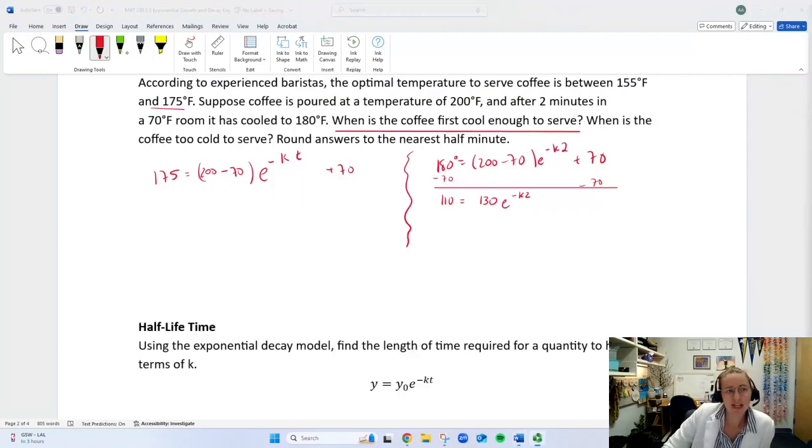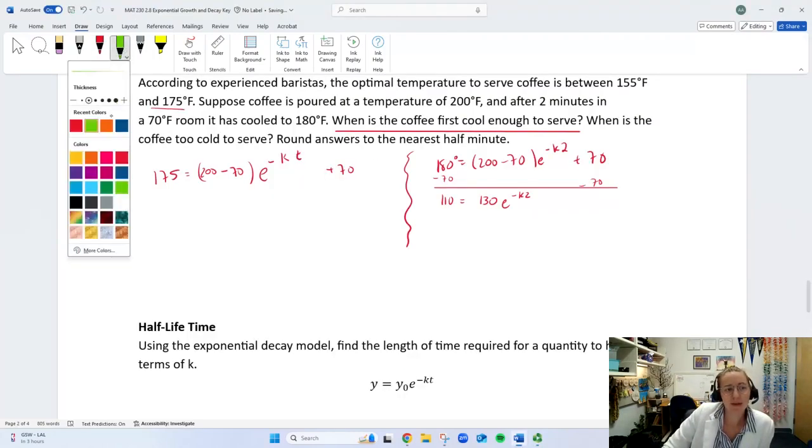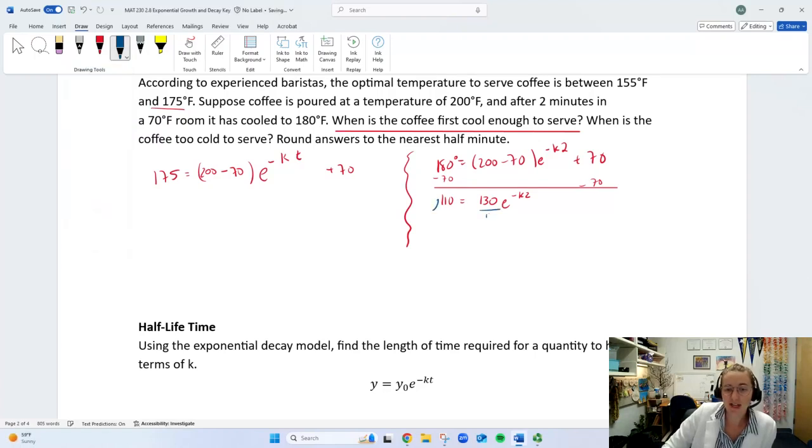And now I just feel like I'm on repeat because I've done this so many times with ln. Before I take the ln, I actually want to divide by 130. And now I'm going to take ln on both sides, and my ln and my e will cancel out. I'll have negative k over 2.